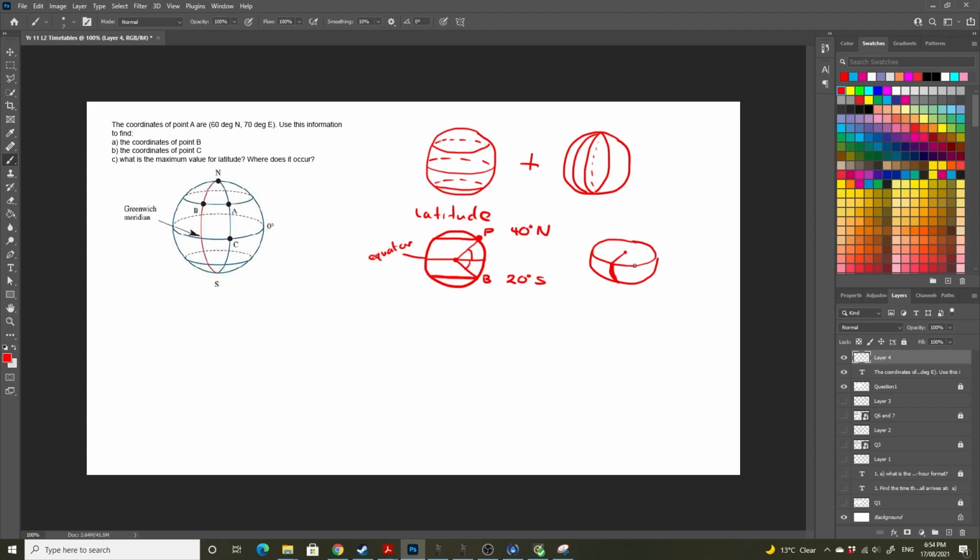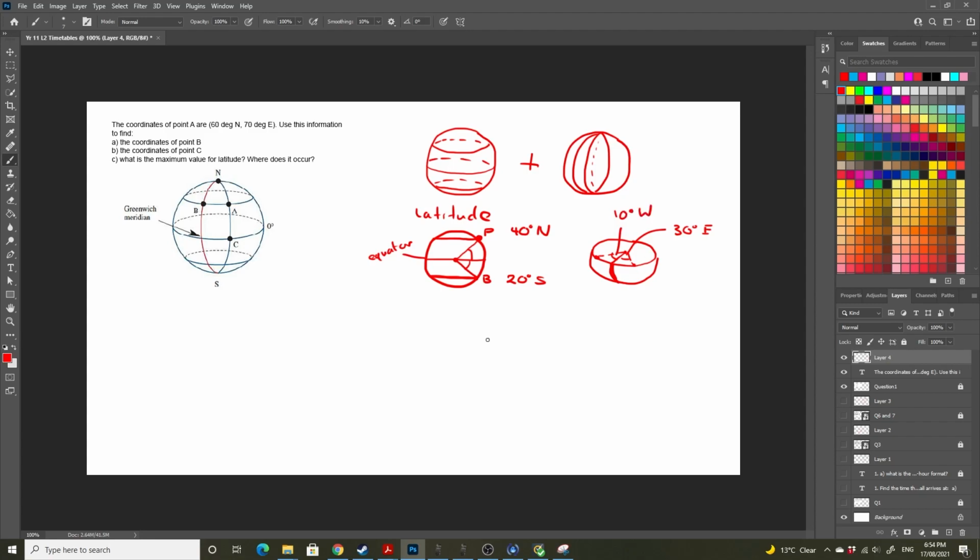We define these meridians of longitude by the angle between the center of the Earth and the prime meridian, this angle here, going west to east. So this is east of the prime meridian, this is west of the prime meridian. This one we'll say is 30 degrees east, and this one is 10 degrees west.